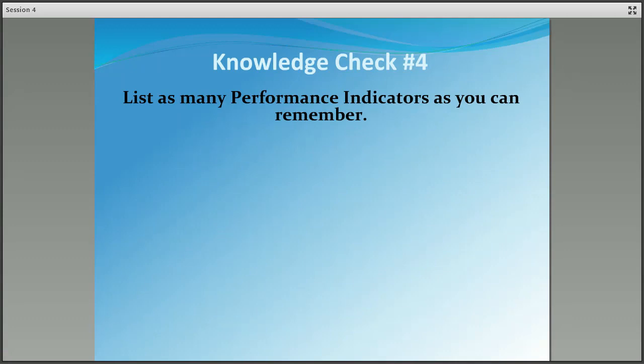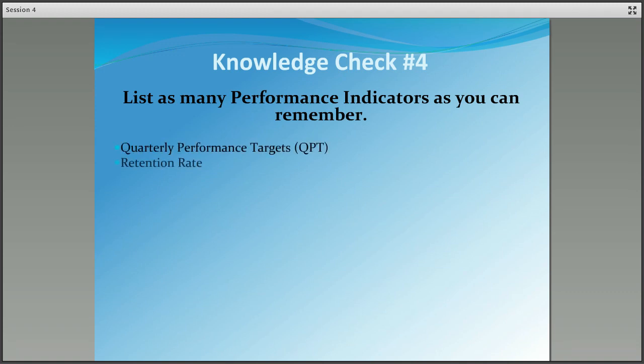Now let's take a moment to answer a new question. Pause and take a moment to list as many performance indicators as you can think of. Now let's review your list against the answers.